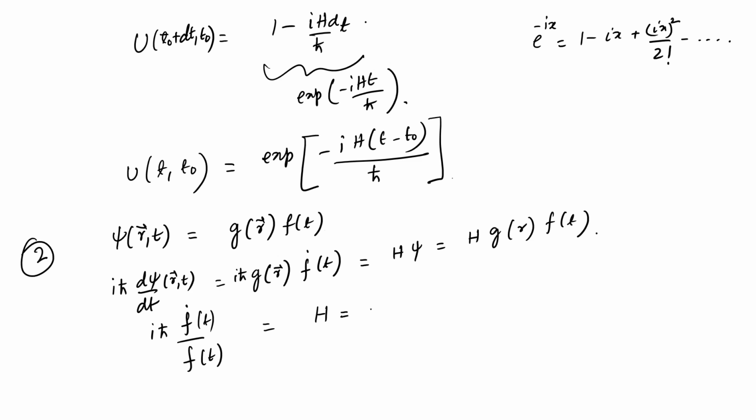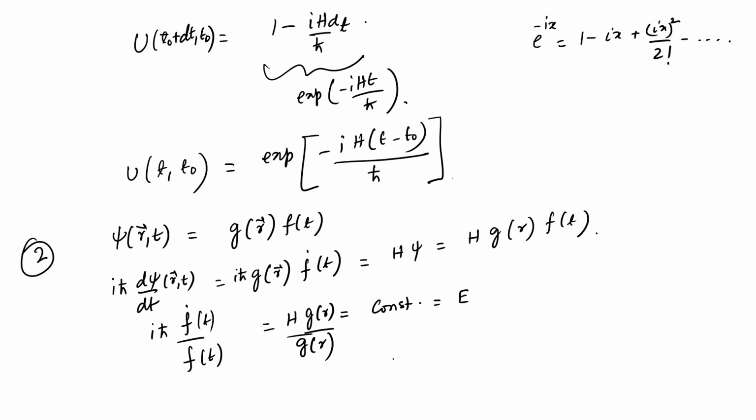Okay, let us write it this way. Now, the left hand side is entirely a function of time, and the right hand side, if H does not include time explicitly, is a function of r. So, if they are equal to each other, then they have to be individually equal to a constant, and this constant we call E.